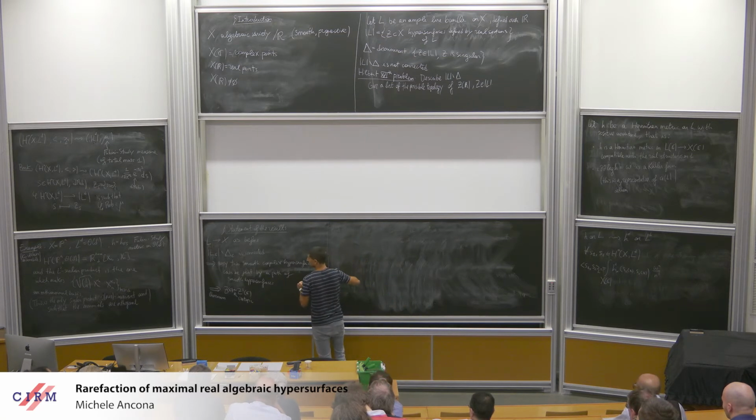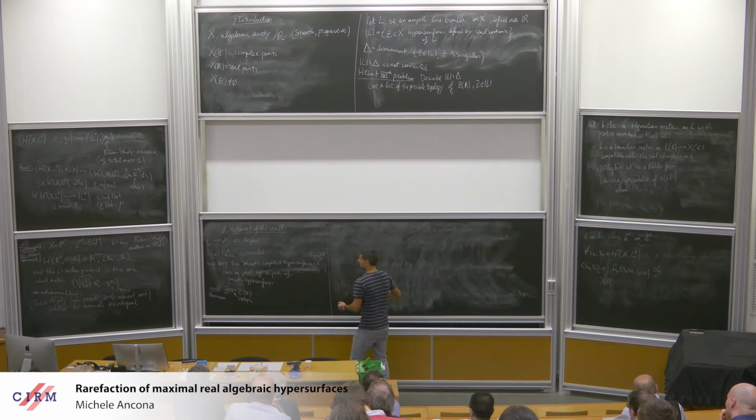But what we have is a control of the topology of the real locus by the topology of the complex locus. So this is the Smith-Thom inequality.